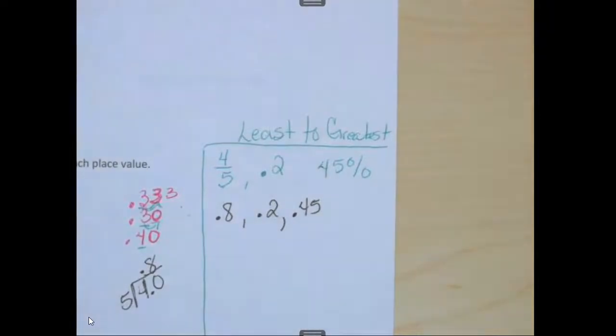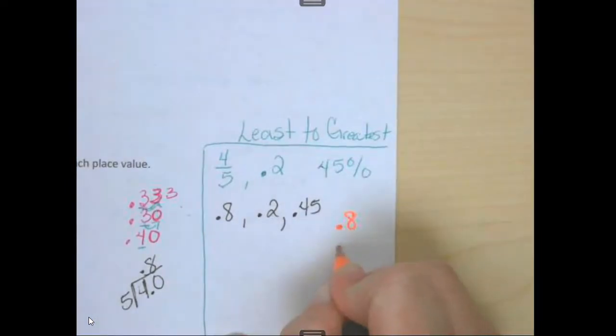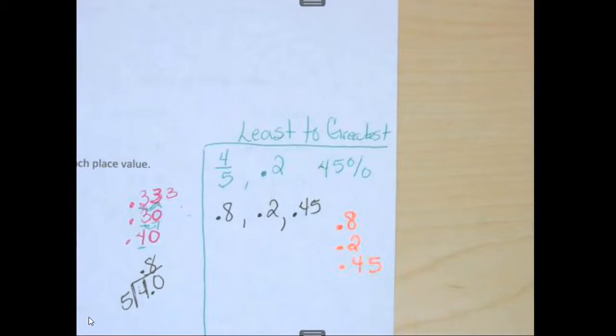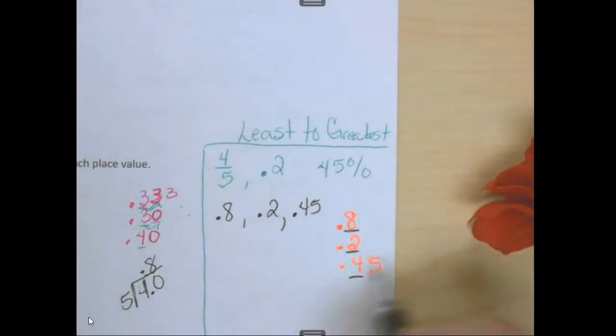Now, what is my next step? Okay, order least to greatest. I'm going to need to line them up so I can see which one is the smallest. I have 8, 2, 4. So which one is the smallest?